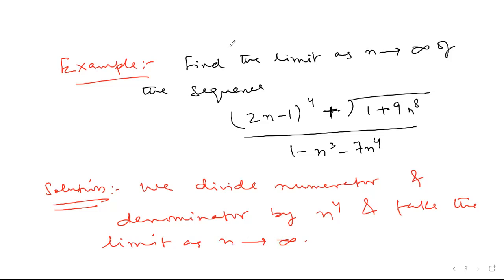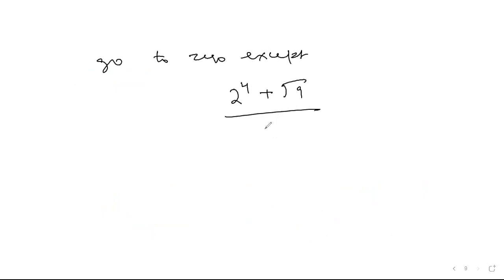When we do this, what will happen? Then all terms go to 0 except this term, 2 raised to 4 plus square root of 9, whole divided by minus 7, which is minus 19 by 7.